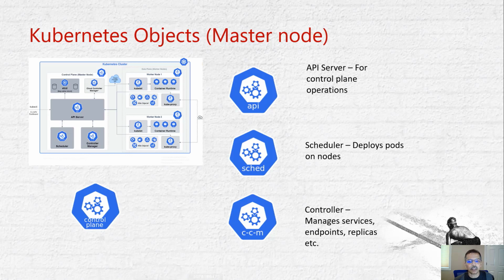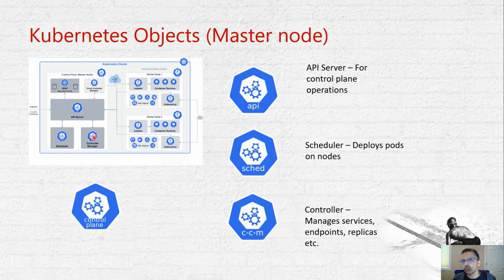A couple of other things is the kube controller manager. The controller manager watches for the desired state of the objects, and it watches the current state through the API server. It takes corrective steps and actions to make sure the current state is the same as the desired state. It is the controller of controllers.